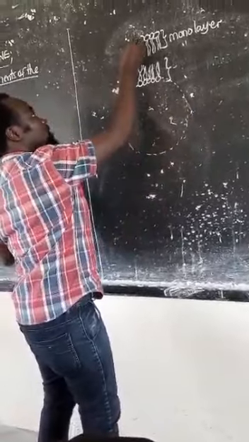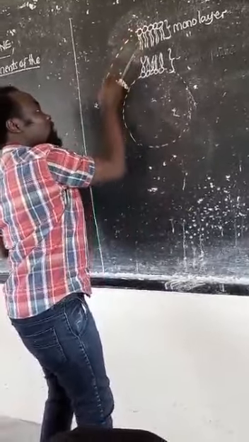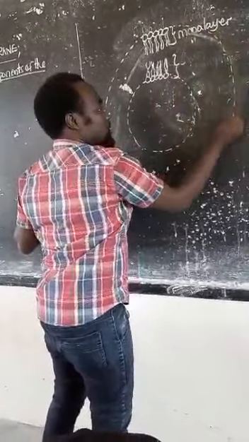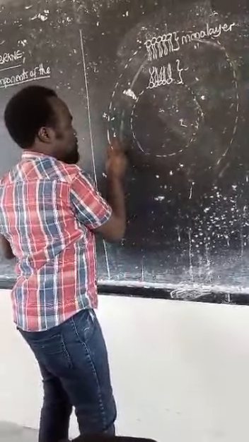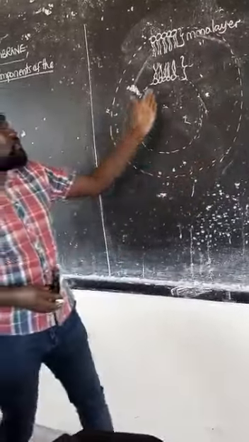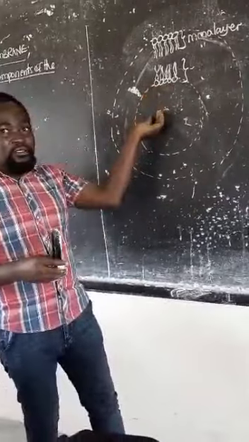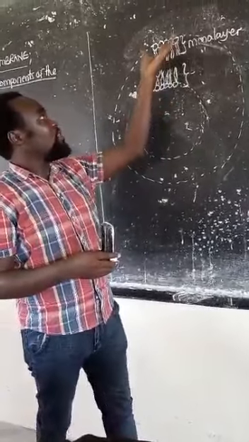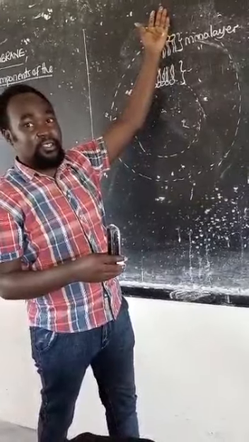Of course, if we zoom from here, like this, we can see that this one is the inside of the cell membrane, and this one is the outside of the cell membrane.